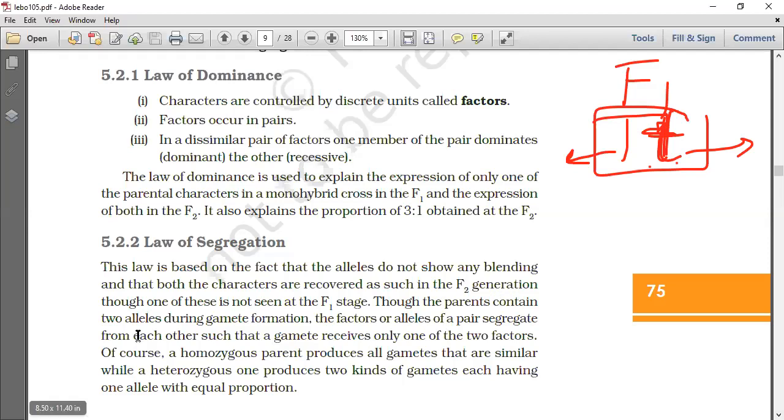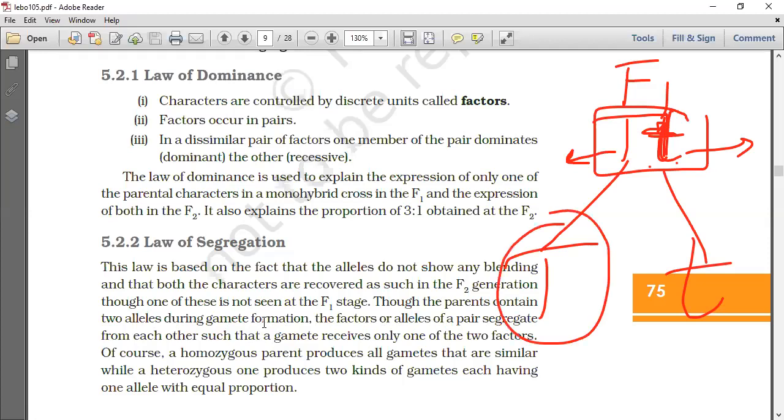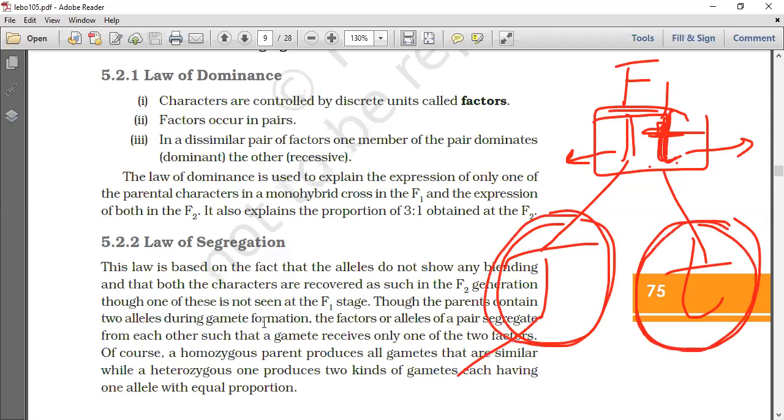Though the parents contain two alleles, during gamete formation the factors or alleles of a pair segregate from each other. I am showing the segregation, the separation from each other, such that a gamete receives only one of the two factors. We have two factors here, capital T and small t. Then a pollen grain contains capital T, or a pollen grain contains small t; an egg contains capital T, or an egg contains small t.